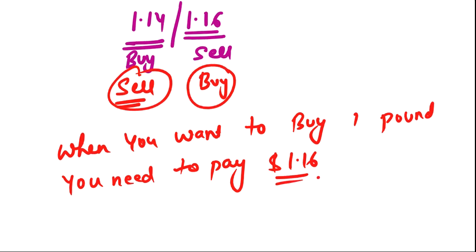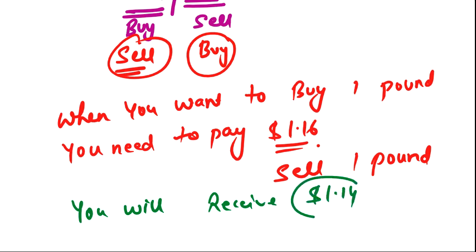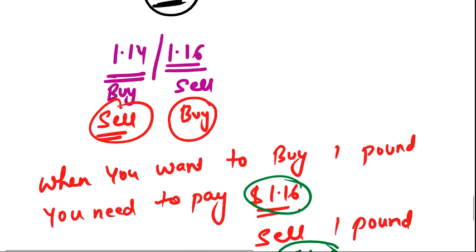And when you want to sell 1 pound, you will receive dollar 1.14. Are you getting my point? For me, I'll buy here, and I will sell over here. Clear? Don't get confused between buy and sell. You will buy at a higher price, you will sell at a lower price. Half of the things are done over here.